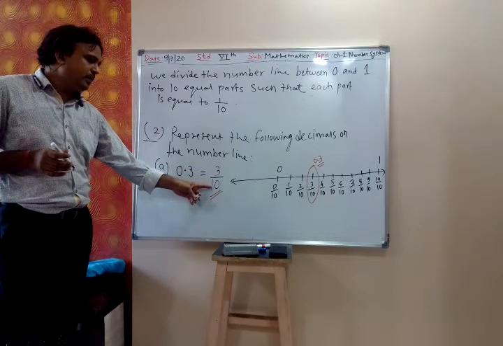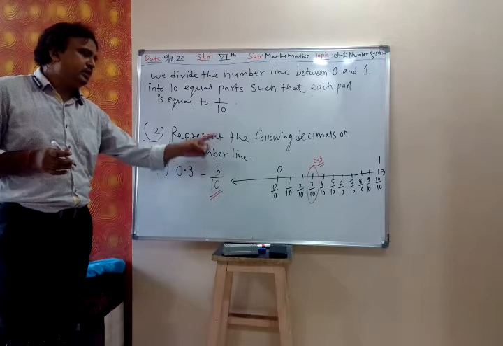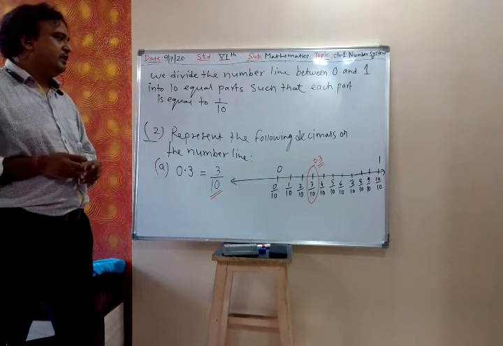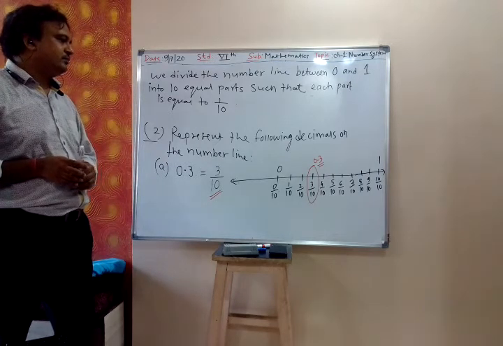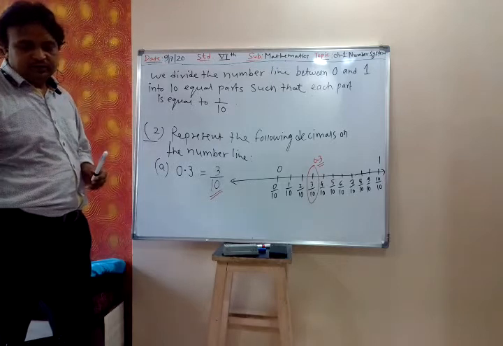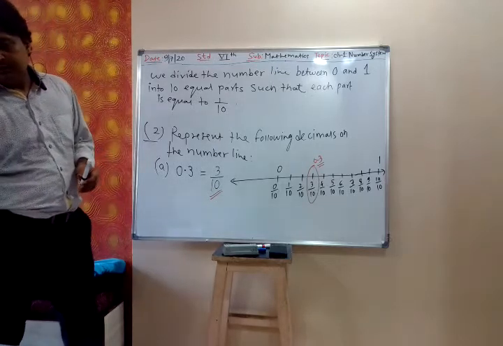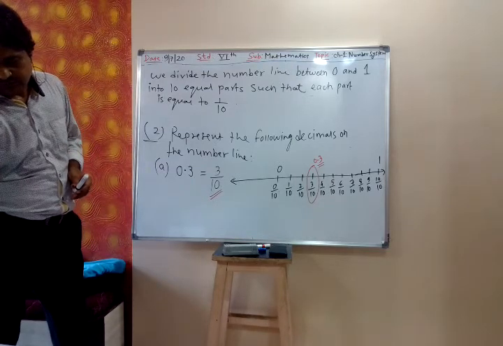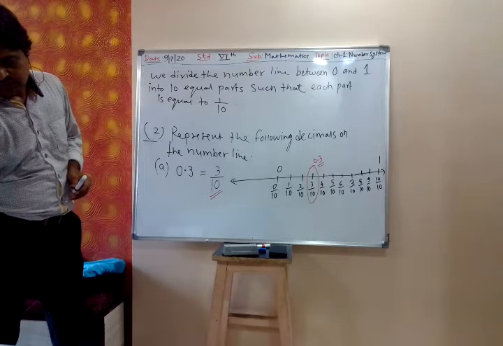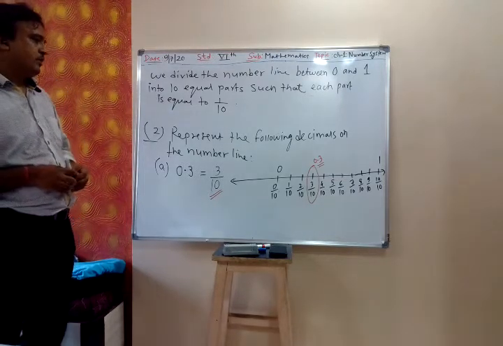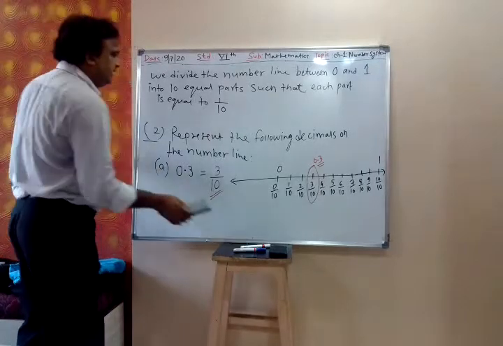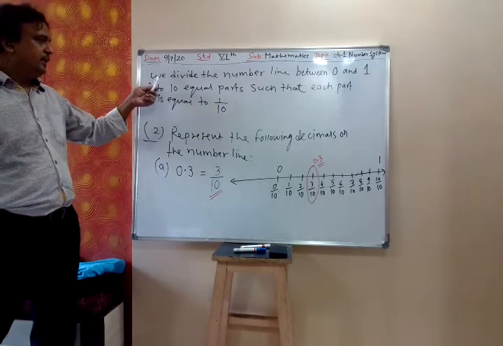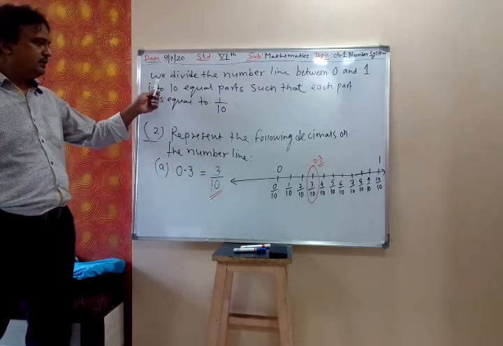So we divide the number line between 0 and 1 into 10 equal parts. So 0.3. Yes, explanation is over.